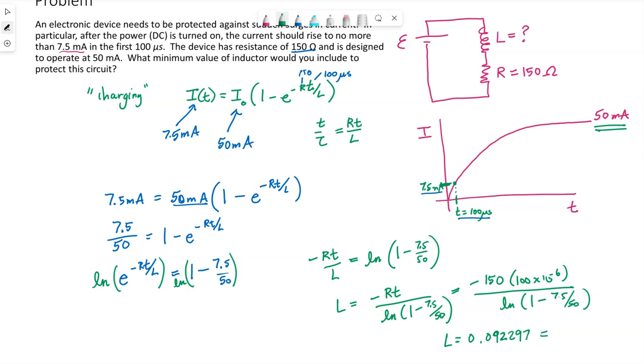Coming back to the problem, at best we have 2 sig figs, so I would say 0.092. And the units for inductance is a Henry.